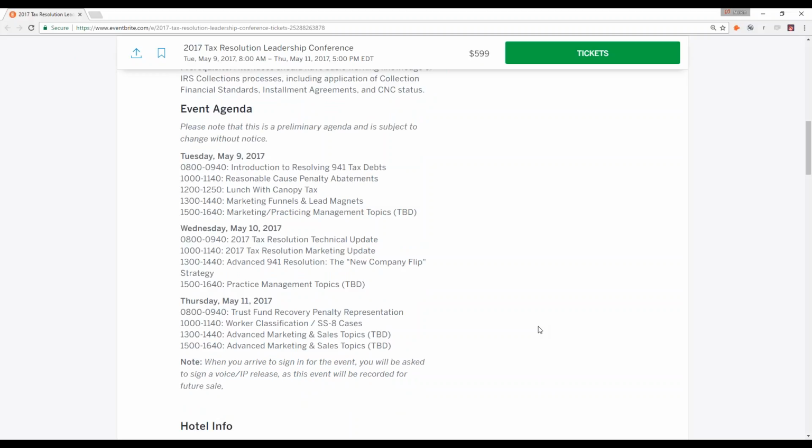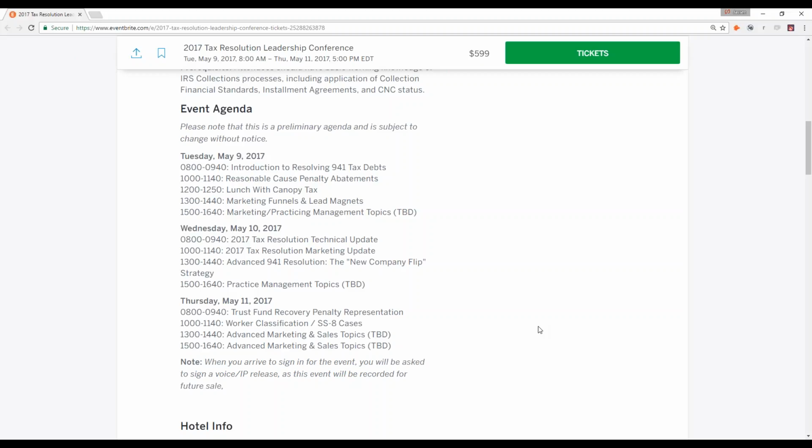I also want to point out that at this event, this is where we're going to get into the weeds on 941 representation as well, which is the bulk of what I built my career around. The fees are higher.